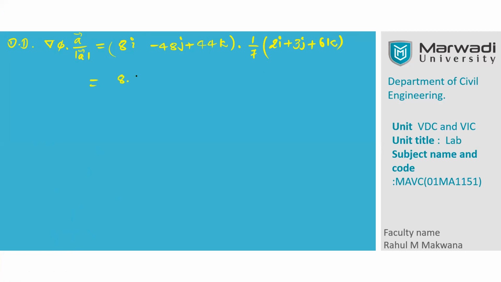So 8 into 2/7, coefficients of i, minus 48 into 3/7, coefficient of j, plus 44 into 6/7, coefficient of k. Simplification is the directional derivative. So this is question number 14. Please note down.